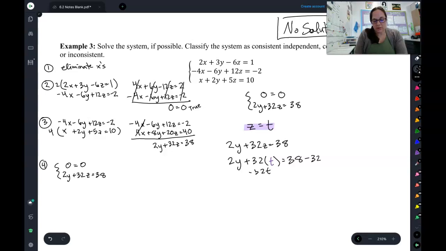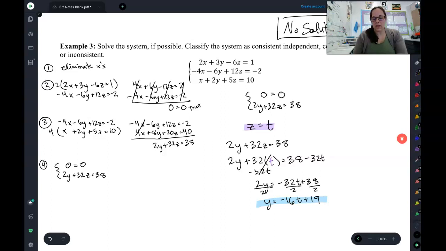So minus 32t, divide everything by 2. I get y equals negative 16t plus 19. And there's my y answer.